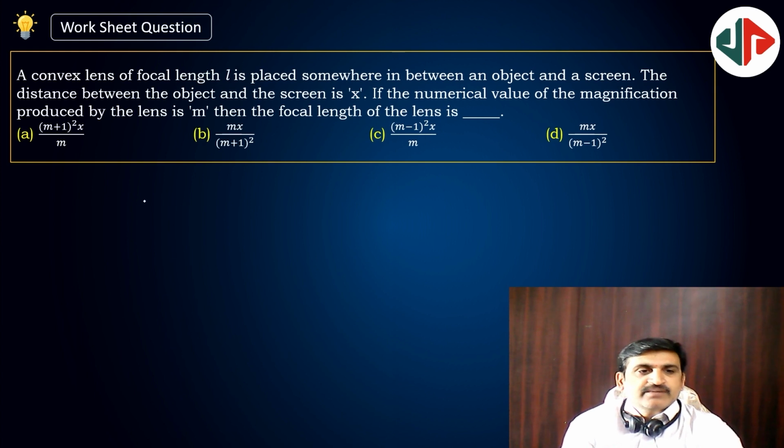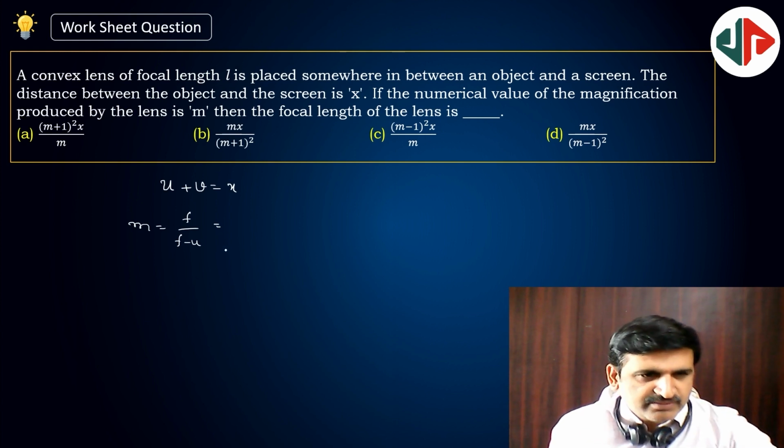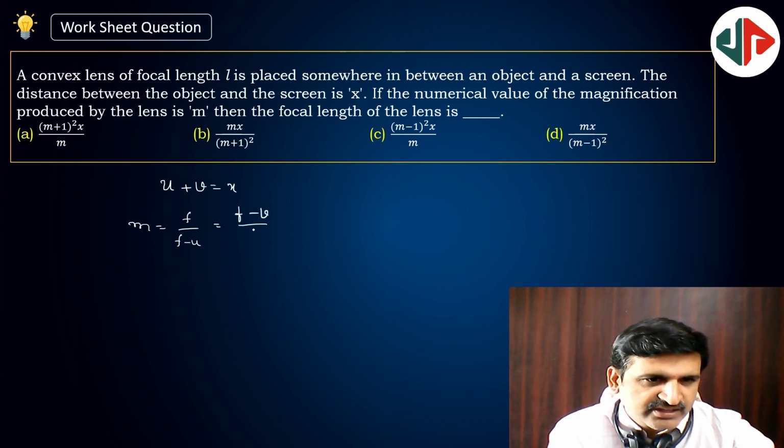Suppose we kept the object at some place so that U plus V is equal to X. And magnification M is equal to F by (F minus U), and that is equal to (F minus V) by F.